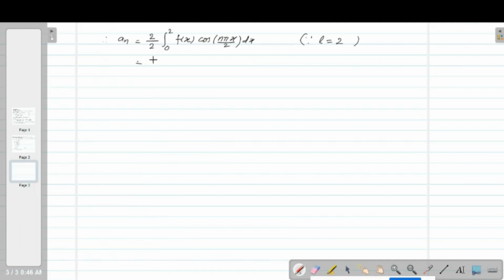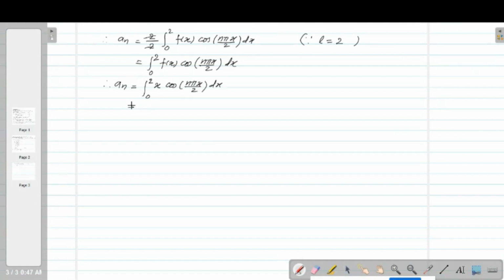So this becomes 2 and 2 cancel, and integration of limit 0 to 2 f of x cos n pi x by 2 dx. But your f of x is x. Integration of limit 0 to 2 x cos n pi x by 2 dx.